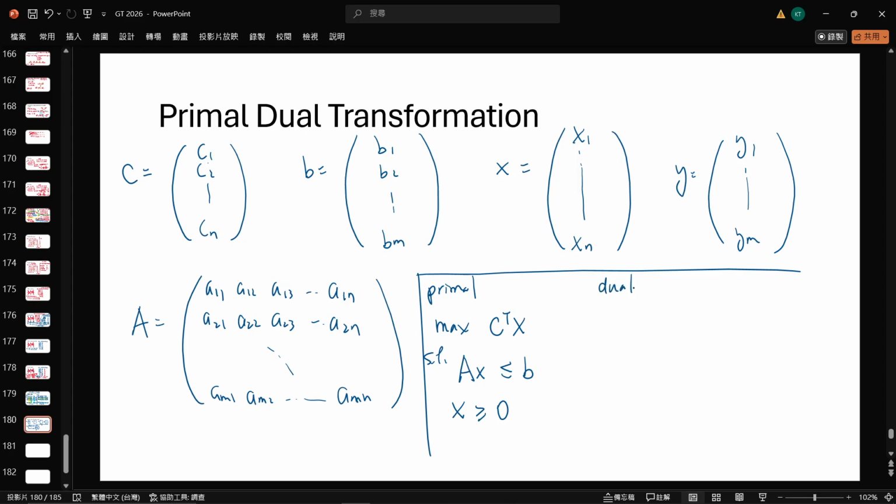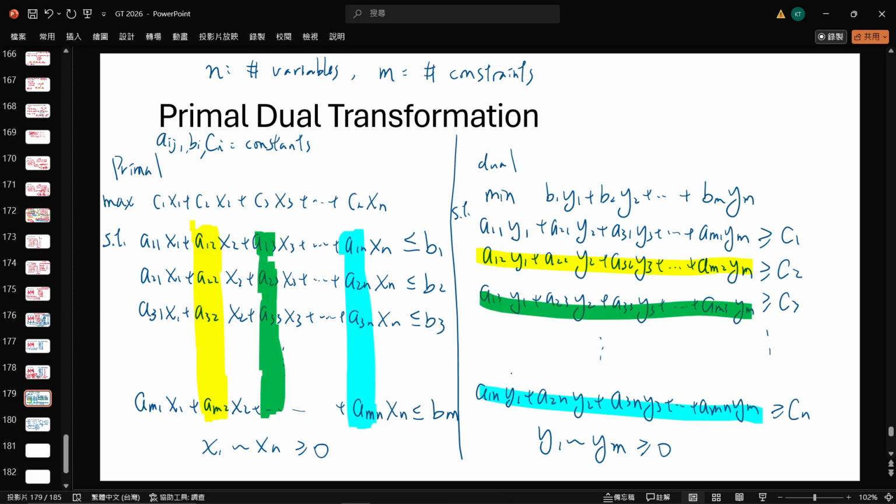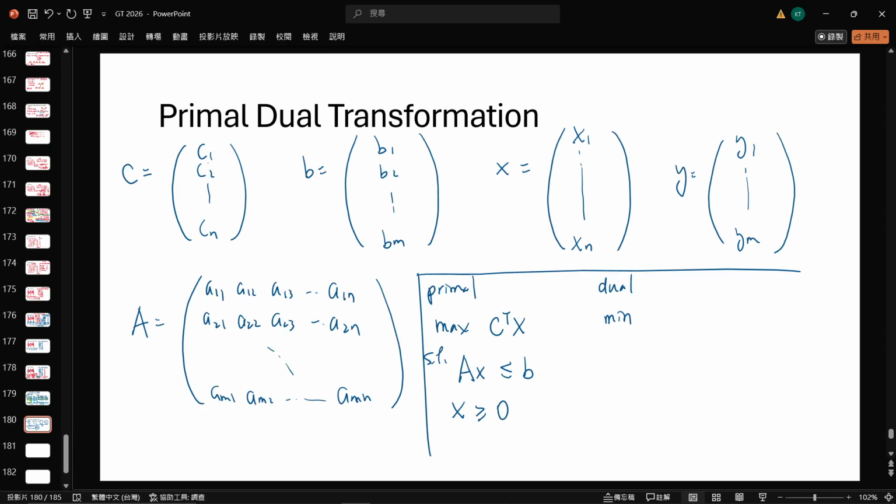And the dual problem is a minimization problem. What's the objective function? It's the product of b and y, but to take the inner product we have to first transpose b, so it's b transpose y.